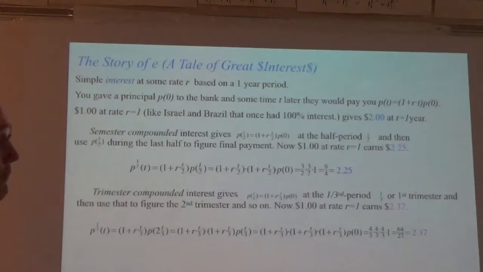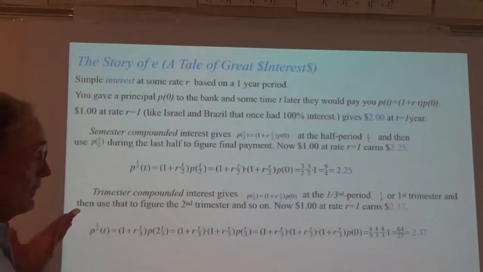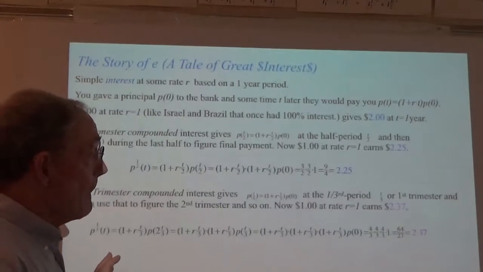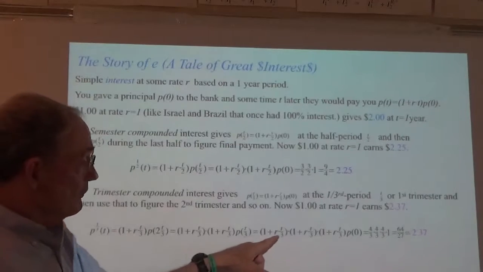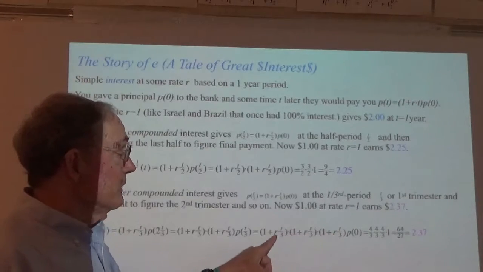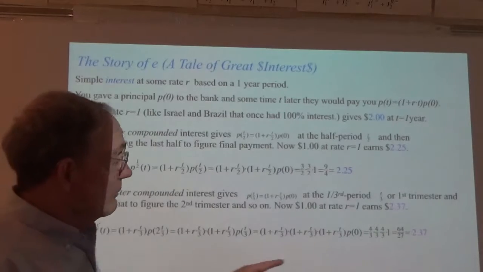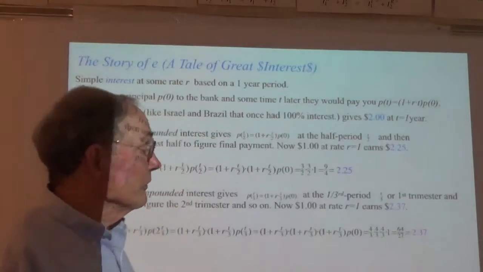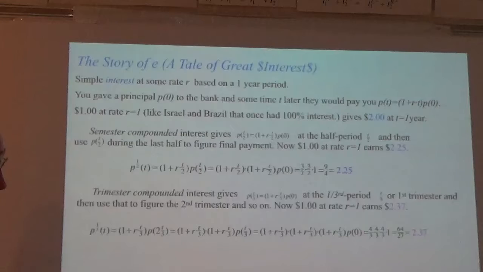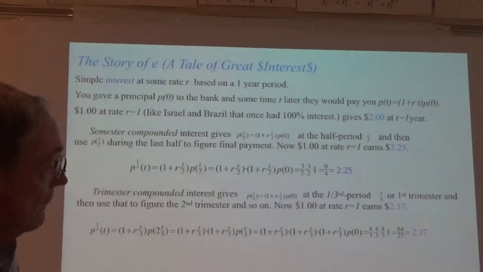And as you continue this and say, what if we do it at a trimester? That's 3 of these factors, now each with a fraction of 3 in there. That's a pretty big jump too. You get $2.37 at the end of the year with that one.